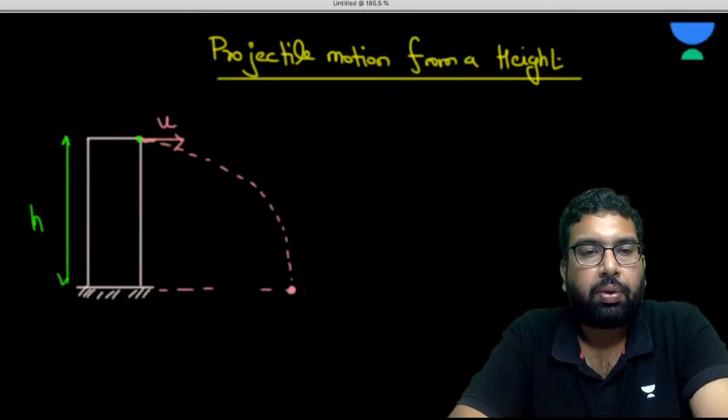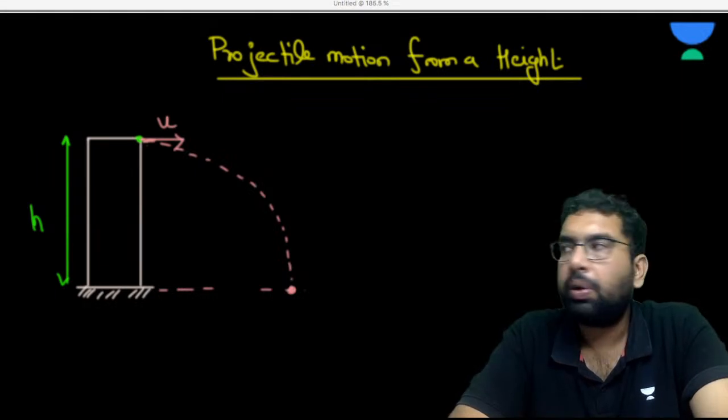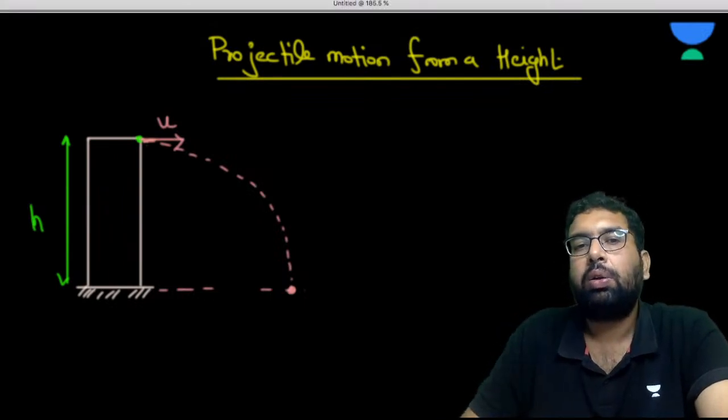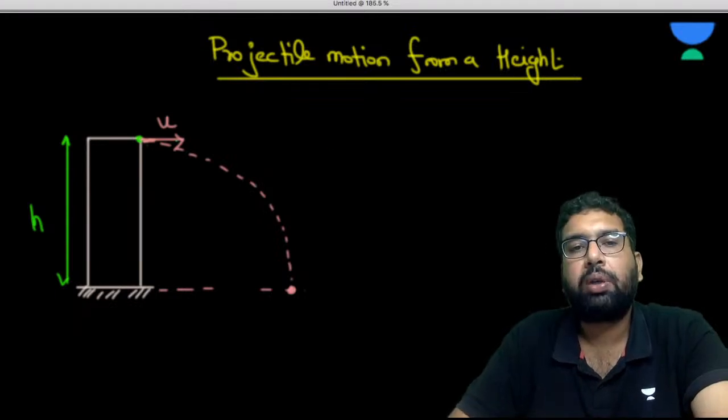Now in this case, the projectile is thrown with a horizontal velocity u.